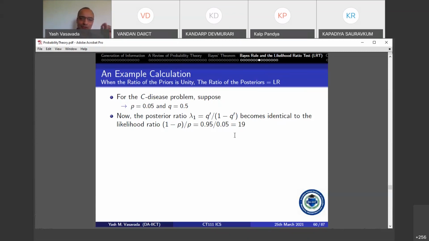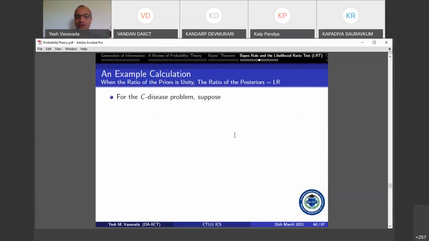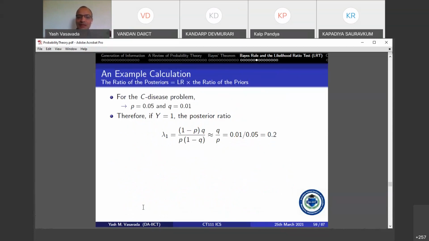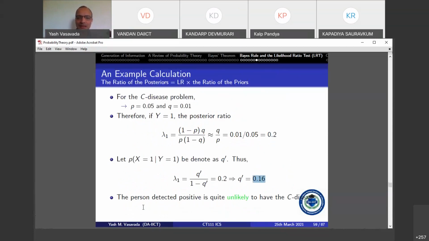If you like this political party, then even if they make decisions which actually end up hurting the nation, you will still say that no, this was good. Why? Because you have a strong prior belief that anything this political party does is good. And so if you see some evidence going against that, you still don't update your belief that much.